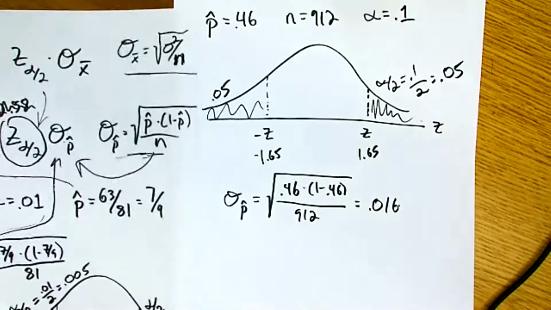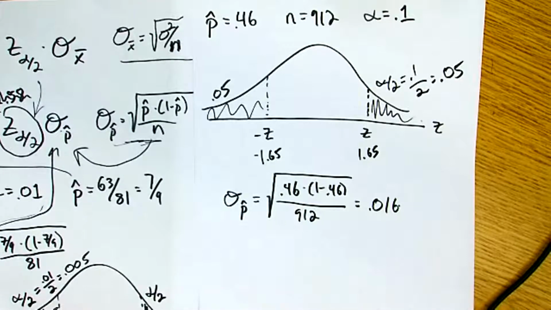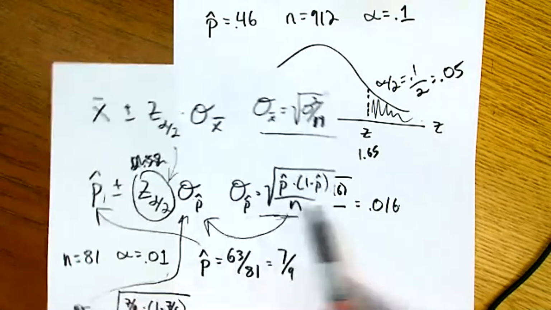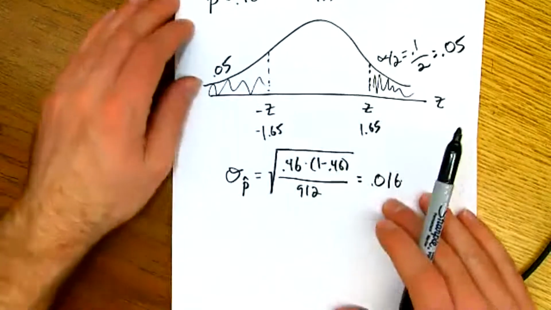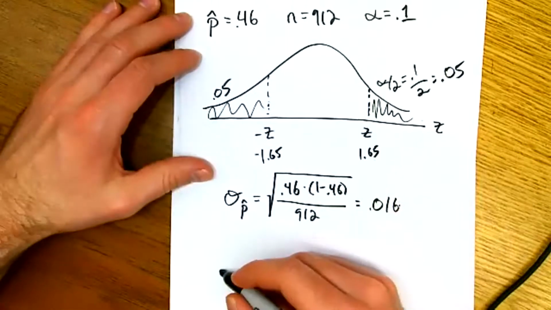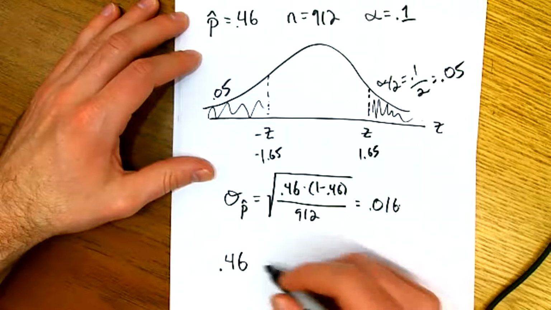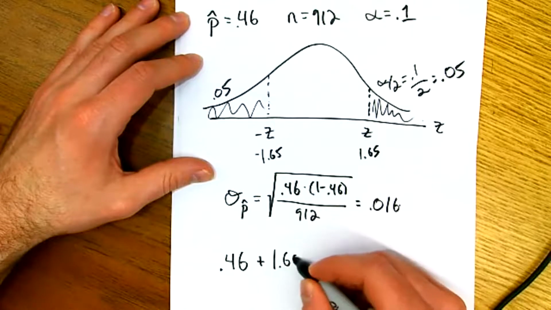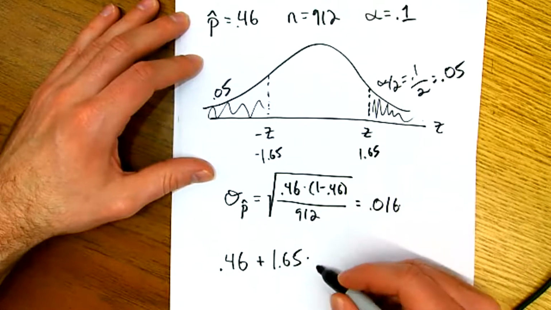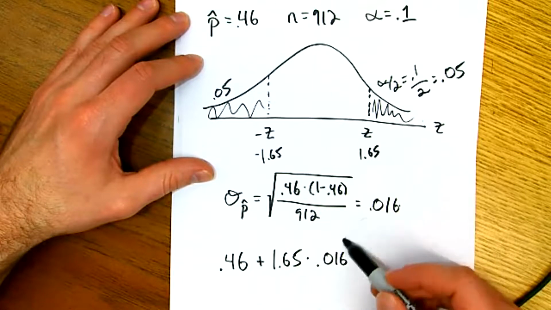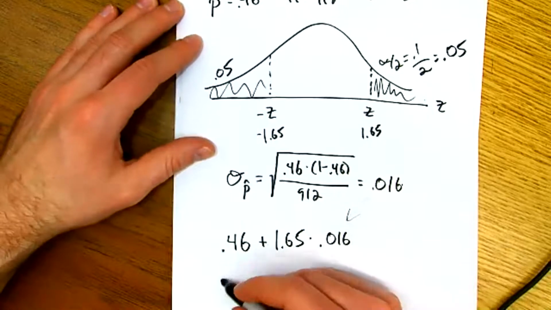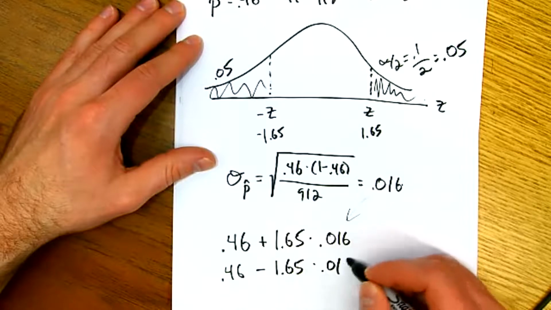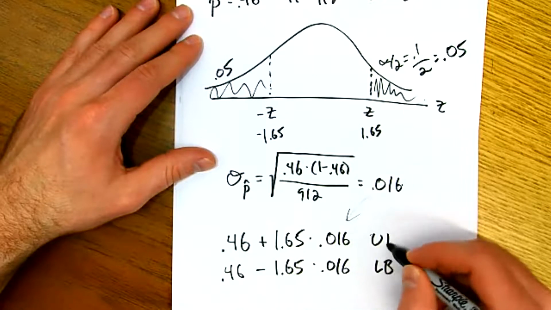Now that I have everything that I need, I've got my sample proportion, my z-score, and my standard deviation. Now it's just a matter of plugging those things in, right? I'll take my sample proportion and add, to get my upper bound, that z-score of 1.65 times that standard deviation of my sample proportions, and then do the same thing, but subtract my margin of error to get my lower bound.